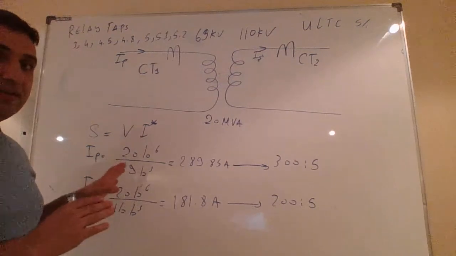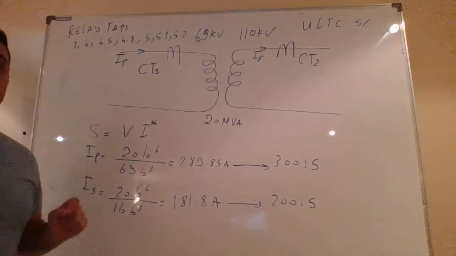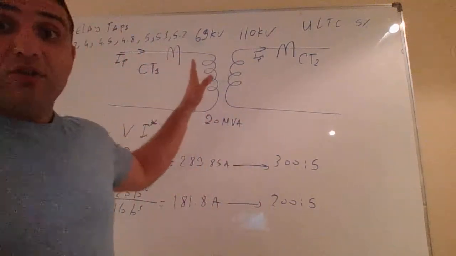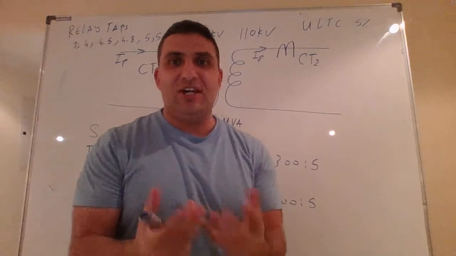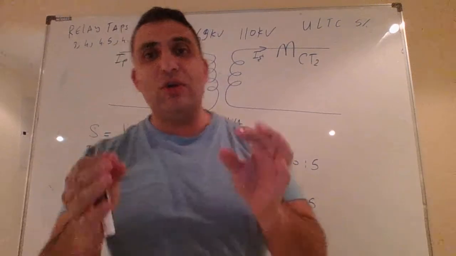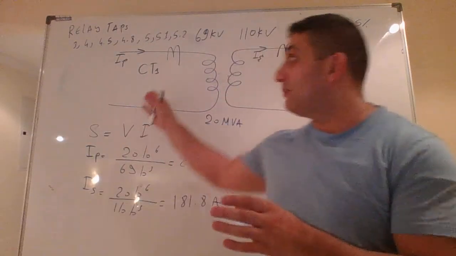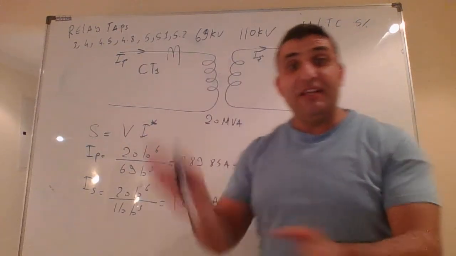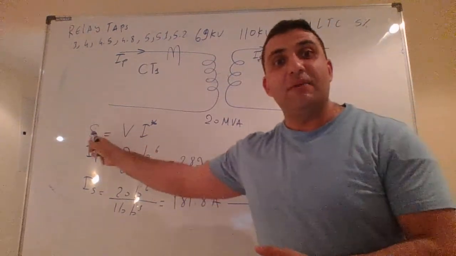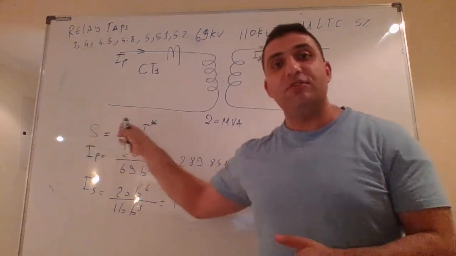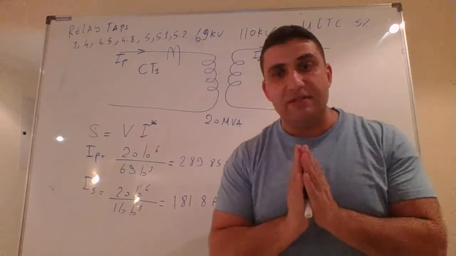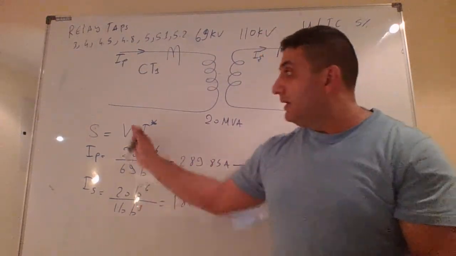Let's take a moment to digest this information, to go one more time. Number 1, to determine the CT specification, I need to determine the CT ratio. The most important element is the primary current and the secondary current, the current that goes into the CT. How do I determine this? By using the power equations. The complex power is equal to V I conjugate. Because it is single phase, I'm interested in the magnitude.